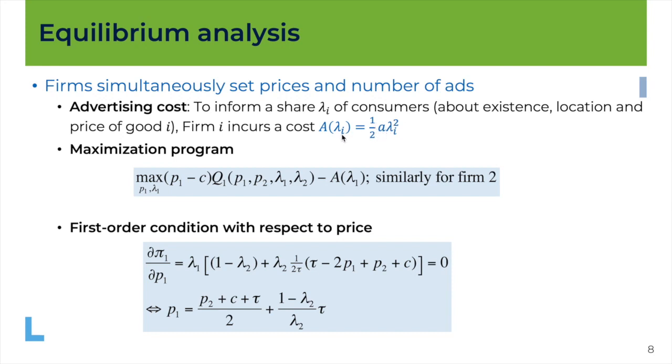It means that if you take the marginal cost of advertising, so if you take the derivative of this form, you're going to get a times lambda i, which is positive. So this means that the marginal cost is increasing, or in other words, that it costs you more and more to increase your advertising by a constant amount.